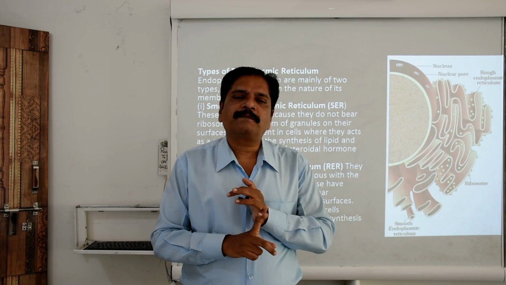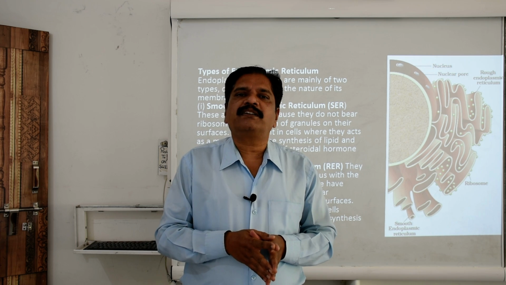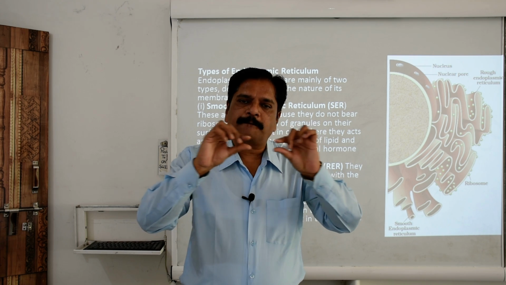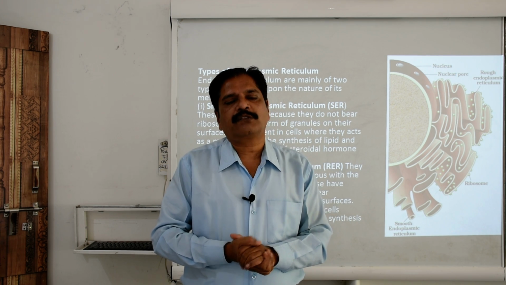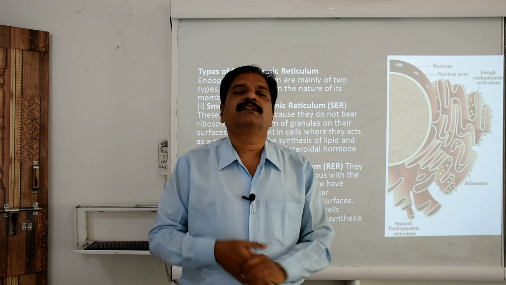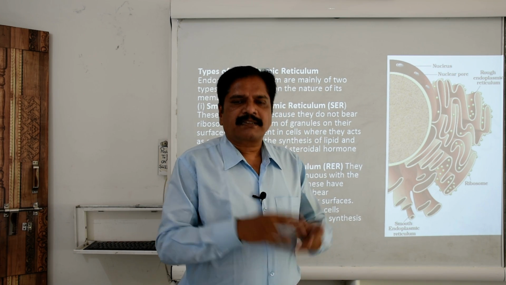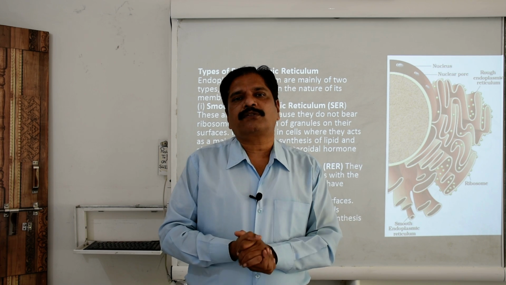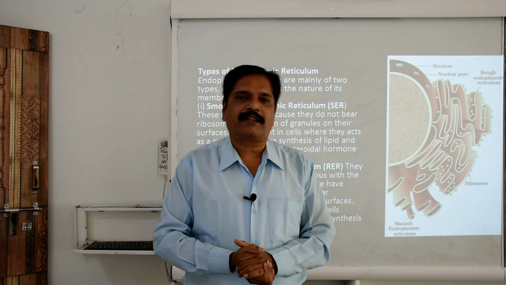So what is the first one? The cisternae. Cisternae are nothing special, it is just double membranous, parallelly arranged membrane tubule structures, okay. Second is the vesicles. These vesicles are slightly projected portions on the peripheral portion of the cisternae.